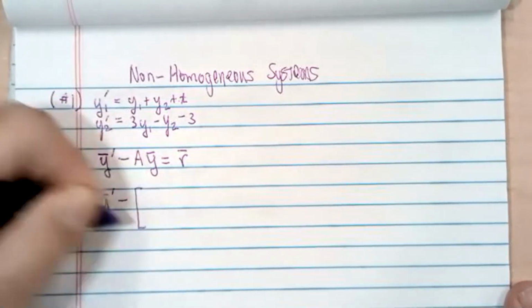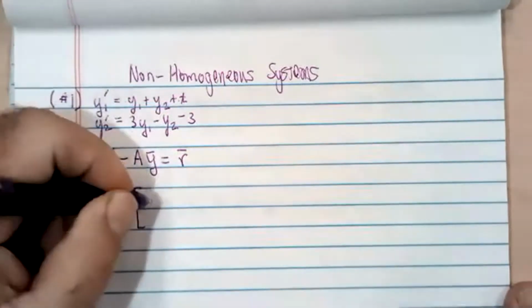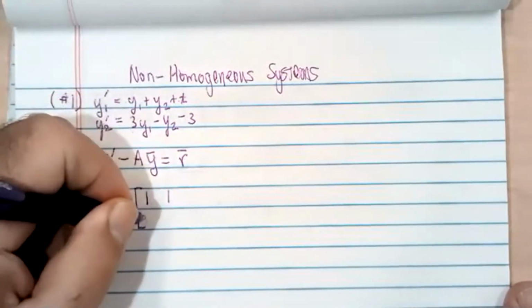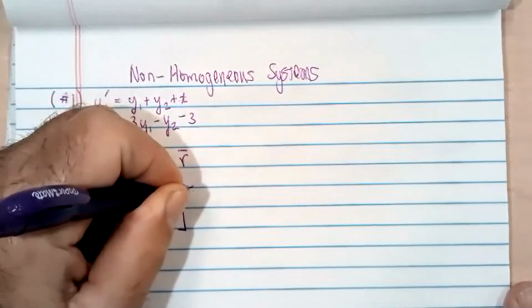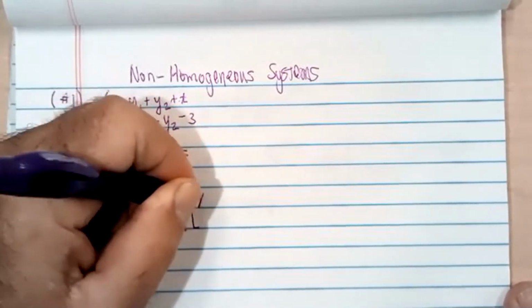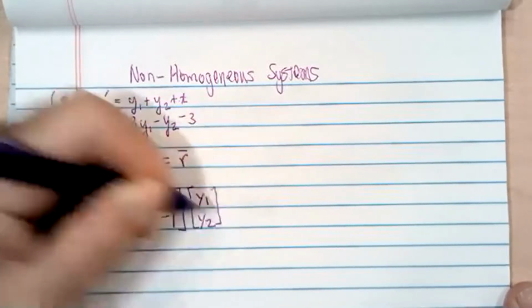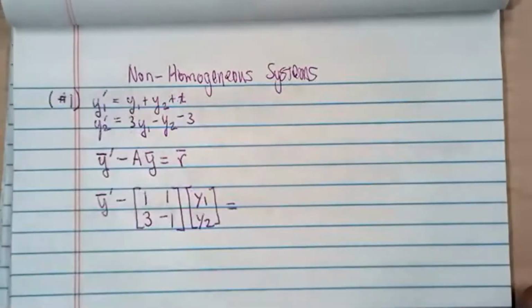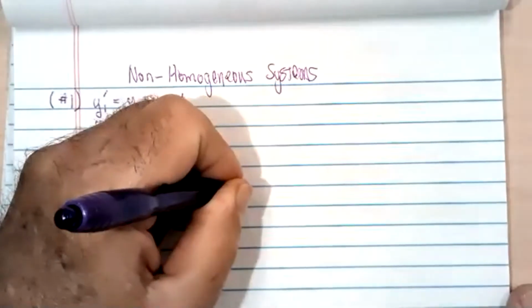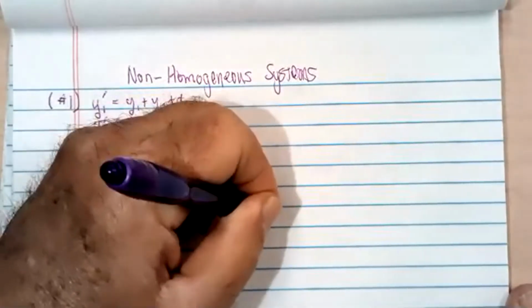The A is this matrix 1, 1, 3, minus 1. And we're multiplying that by y, which of course is a two-component vector, y1 and y2. And then we are setting that equal to a right-hand side, which is the vector t and minus 3.